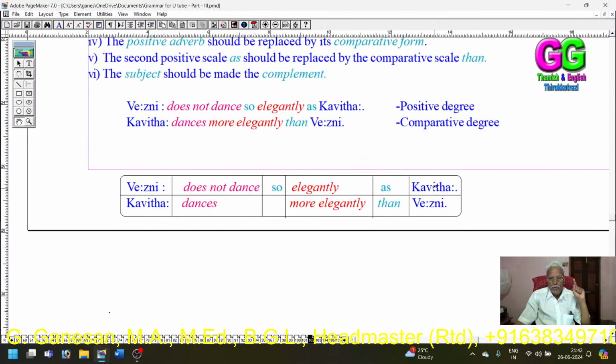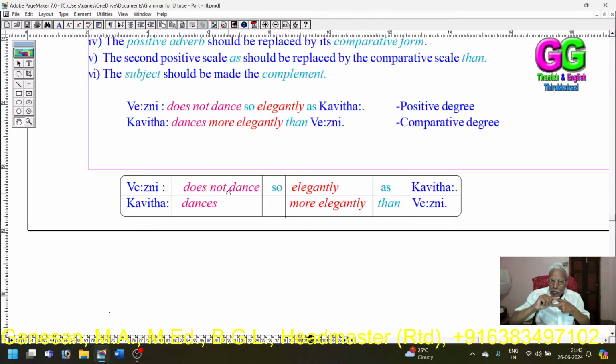Rules. See, the complement of the positive degree should be made the subject of the comparative. Then the verb should be interchanged. The verb should be changed into its negative.